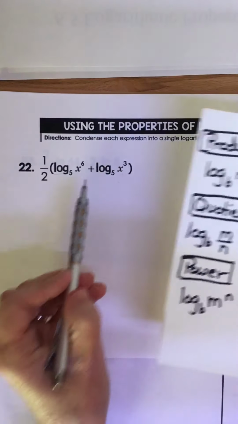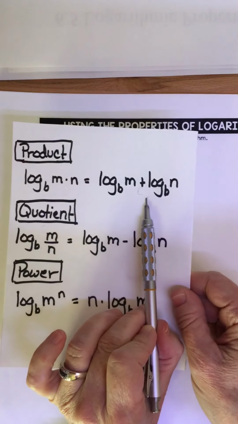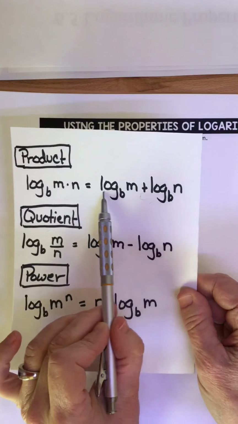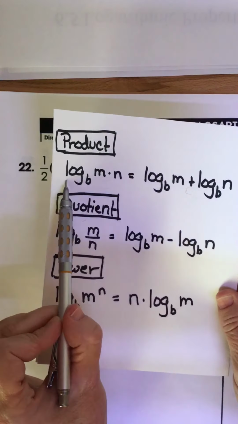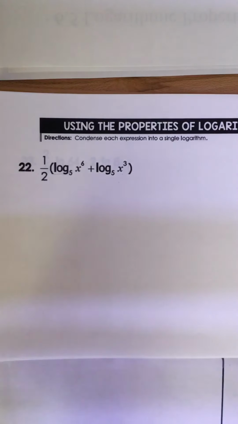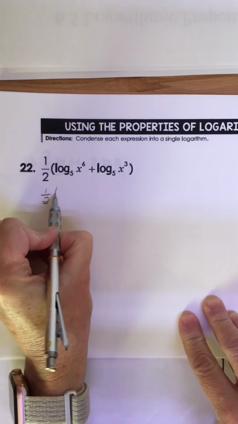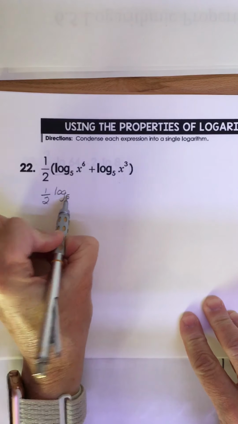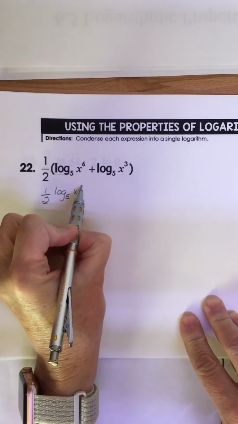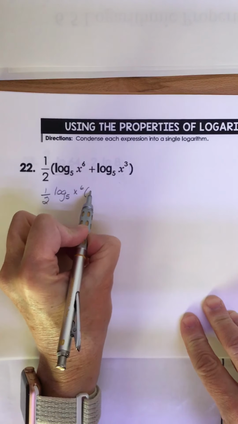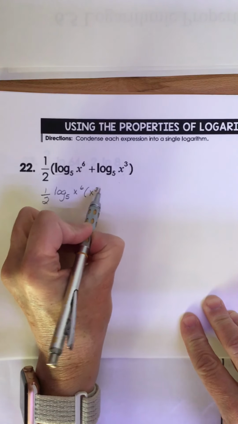Since we have addition right inside the parentheses, we're still condensing, and we're going from here to here. All right? So 1/2 log base 5 of x to the 6th times x to the 3rd.